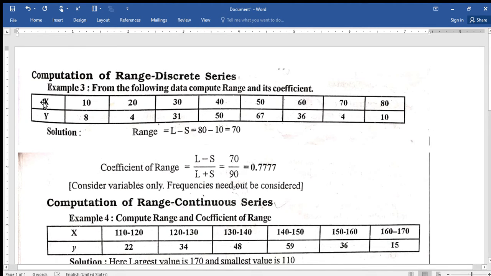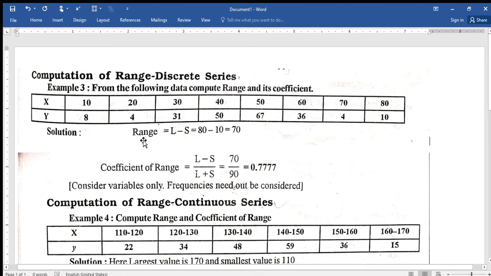In this problem, x is considered as a variable, y is considered as a frequency. In the x variables, the highest value or largest value is 80, the smallest value is 10.